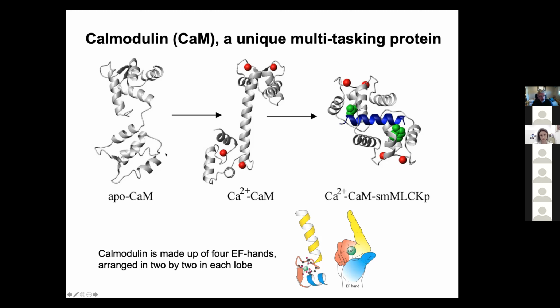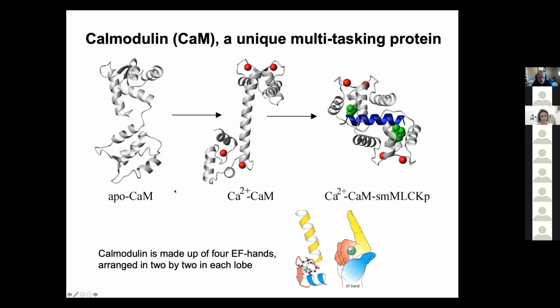So if there's no calcium in the cell, this is what it sort of looks like. And then when calcium flows into the cell, you see that it combines 1, 2, 3, 4 calcium ions. And if you look at the structure, you can see that in all cases, the structure is a helix, a loop that wraps around the calcium, and another helix that comes out.